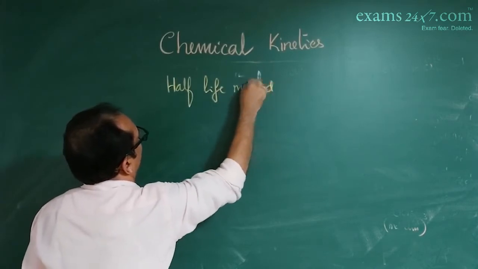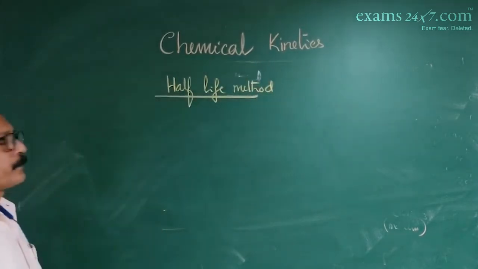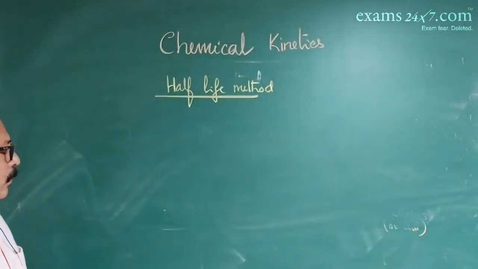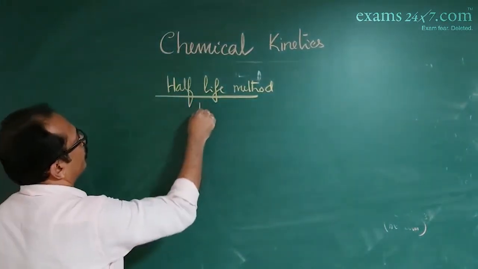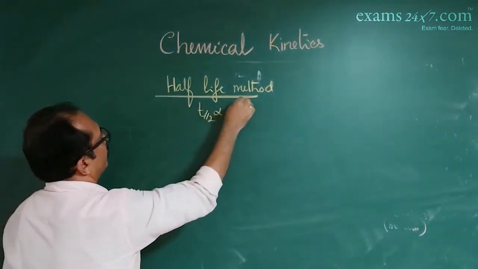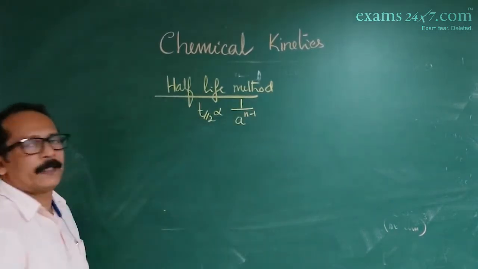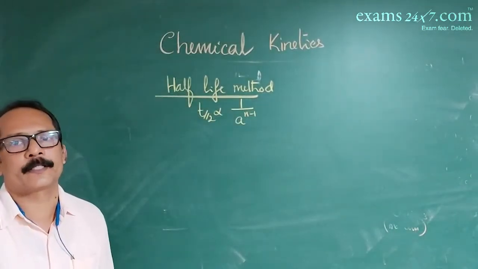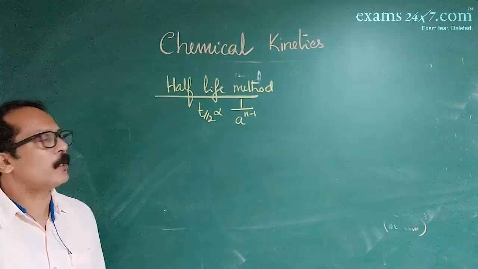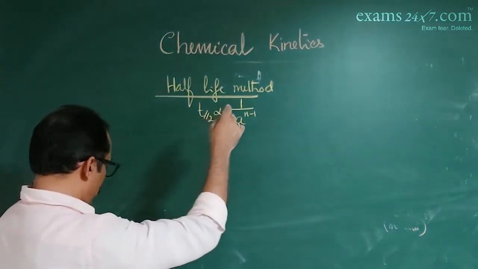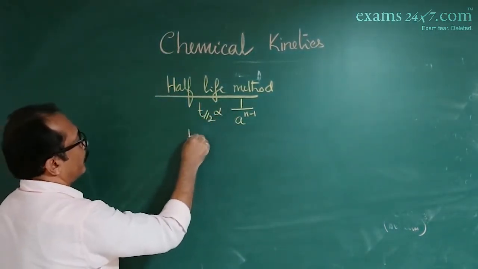The half-life t half is proportional to a to the power n minus 1. Here a is taken as the initial concentration. Look here.